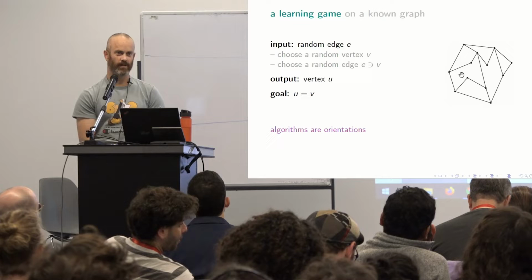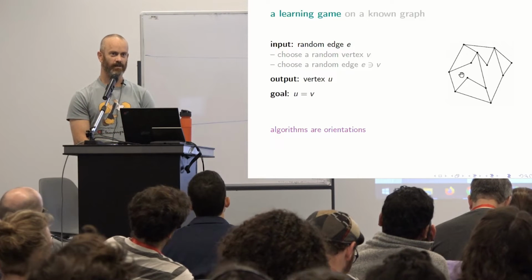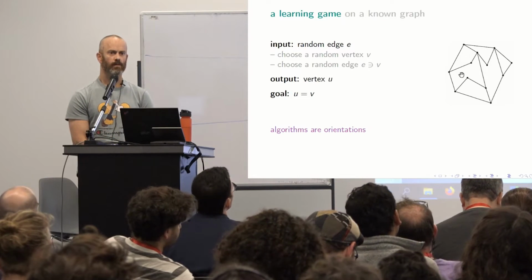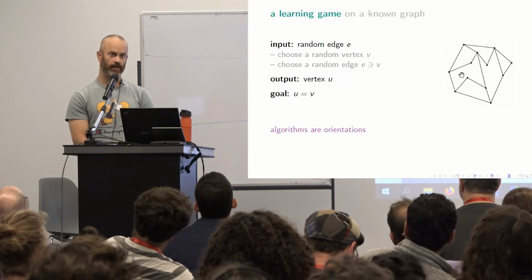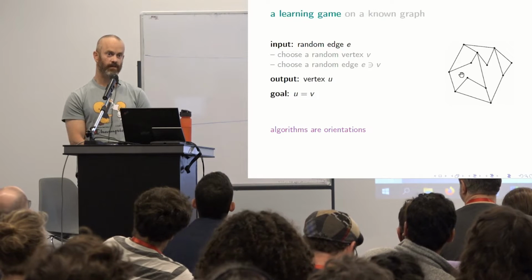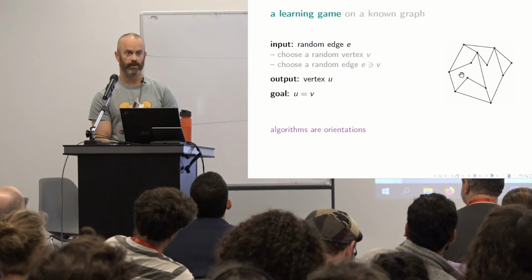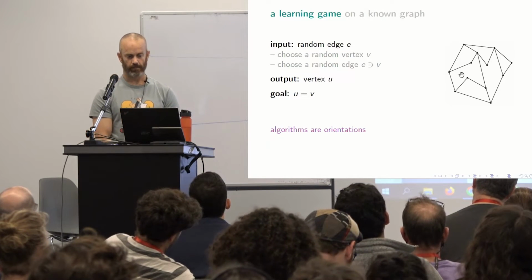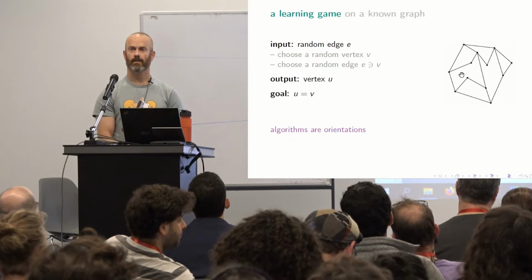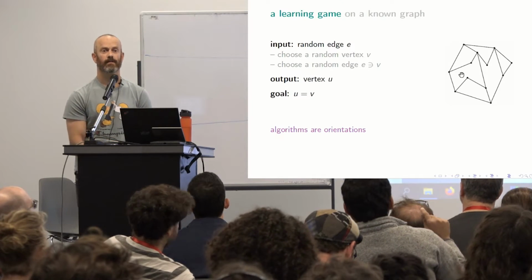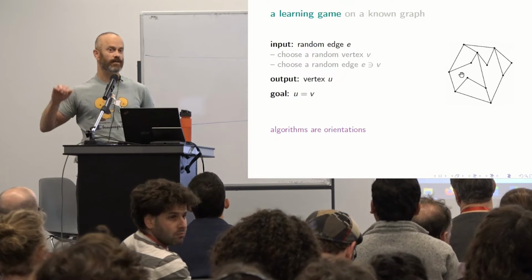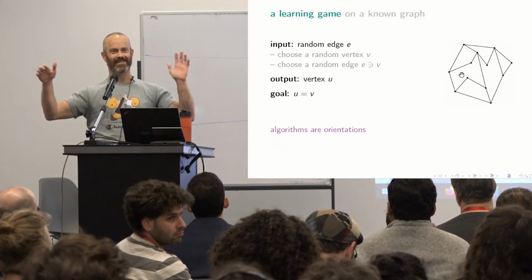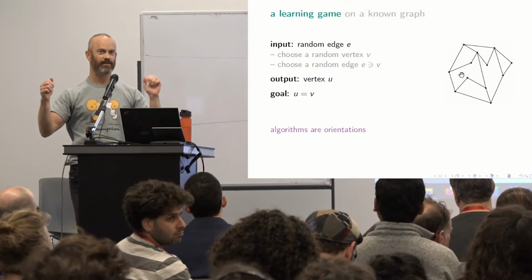It's not so important. It's just a mental picture. A deterministic algorithm is an orientation, and you can make it randomized if you wish, which is a distribution over orientations. And you get a single edge, just a single edge. We can't collect data, just a single edge, guess the vertex.